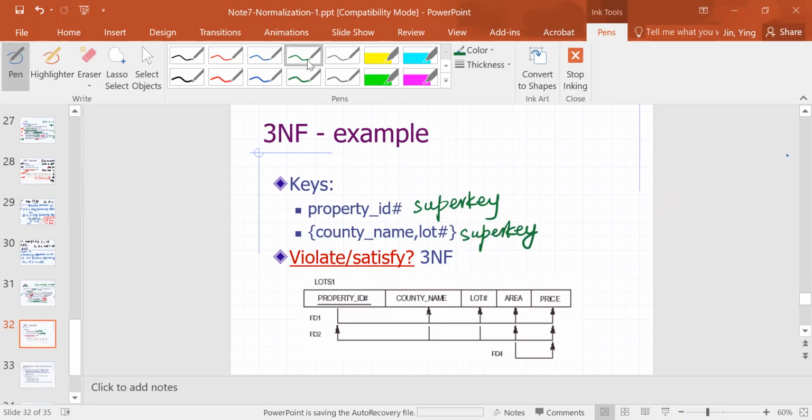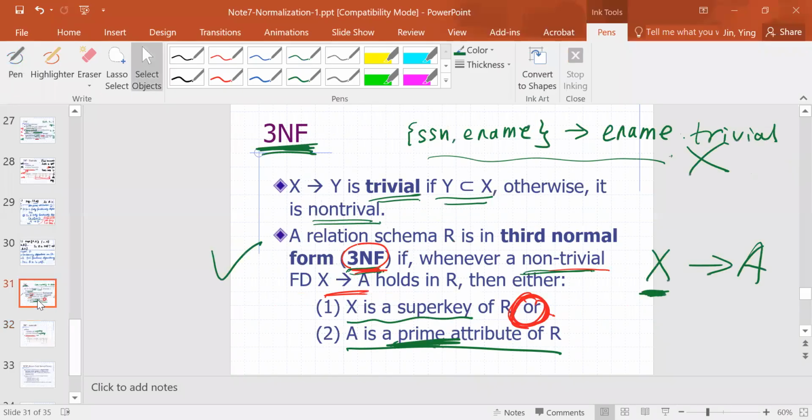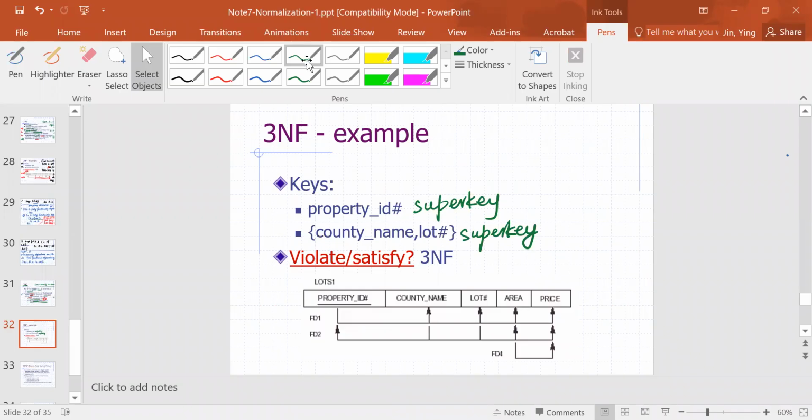All right, so now let's see this one. In order to check third normal form, remember we need to follow the definition. For every single functional dependency, I need to check condition 1 or condition 2. All the functional dependencies I gave here are non-trivial, so that's why I need to check every single one.